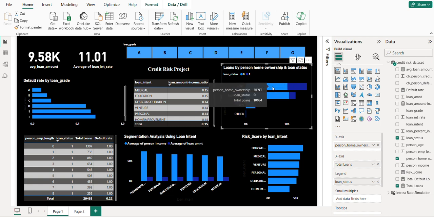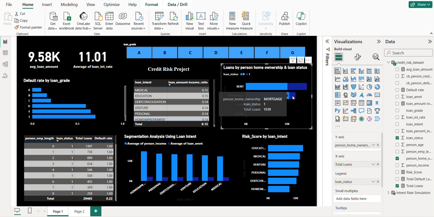Where the loan status is 0, we have almost 10,000 loans. Also for mortgages, where the loan status is 0, we have almost 10,500 loans, and where the loan status is 1, we have almost 1.5 thousand loans.